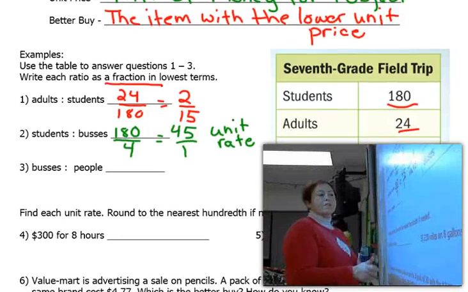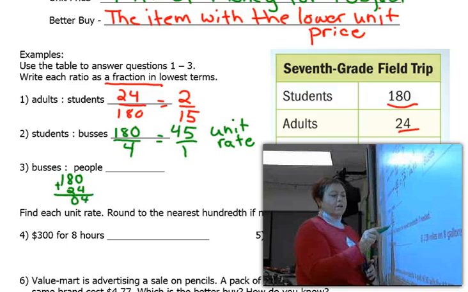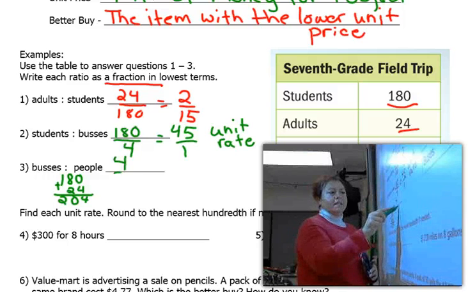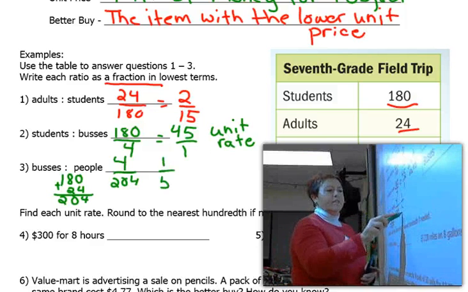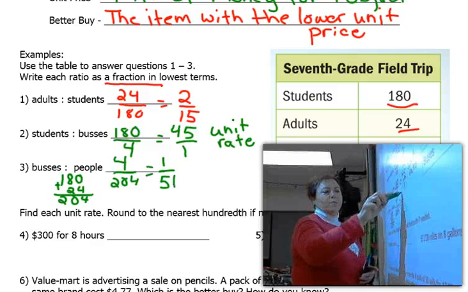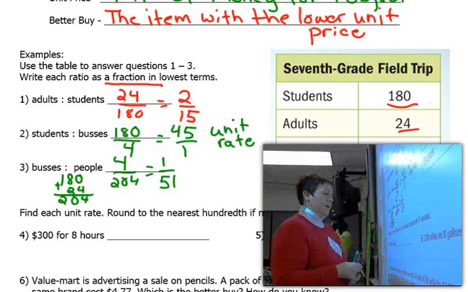Buses to people, so now I have to do a little bit of work because the people are going to be the students and the adults, so we're going to add those together first. And we're going to get 204. So we're going to have 4 buses to 204 people. And that's a ratio of 1 to 51. So it's 1 bus for 51 people is what that's telling me.